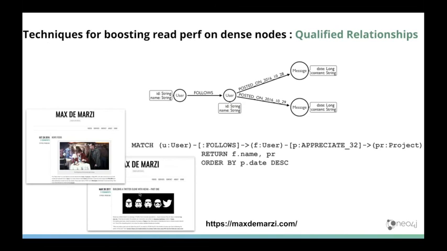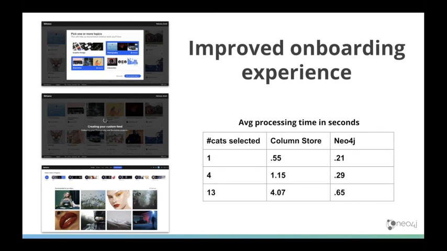So yeah, back to the Behance use case. Some numbers on what the change meant in terms of performance and user experience. What we're evaluating here is the onboarding process. When you sign up for Behance for the first time, you will be asked to select a number of topics, areas that you're interested in, like photography, illustration, etc. And your custom feed will be created, and that takes some time.